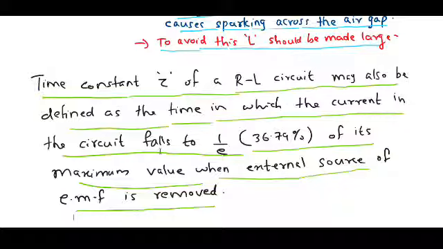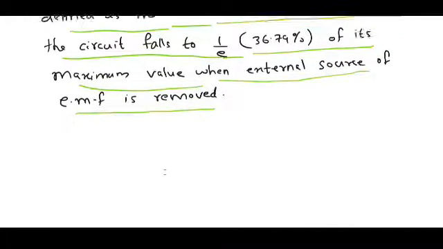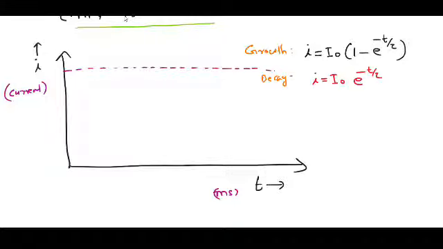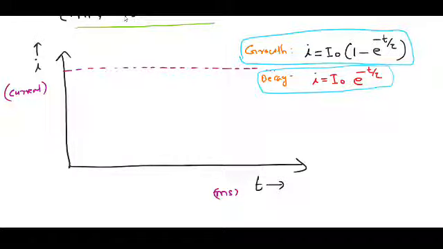Now let us plot the growth and decay of the current in the LR circuit together in a graph. That is our next aim. We have the two equations. The growth of the current is given by this expression that we derived in the last class, and the decay of the current is given by this expression. Now if we plot these two graphs, the growth will be of this form, it reaches its maximum value at a certain time.